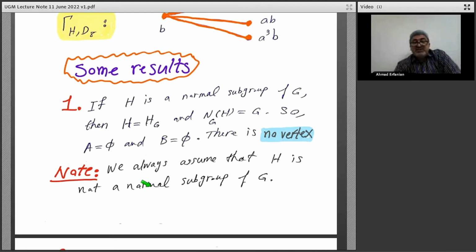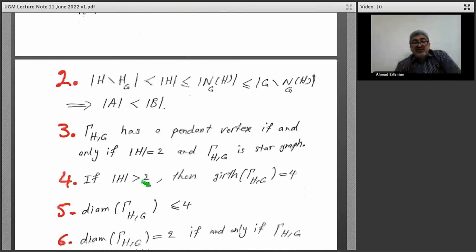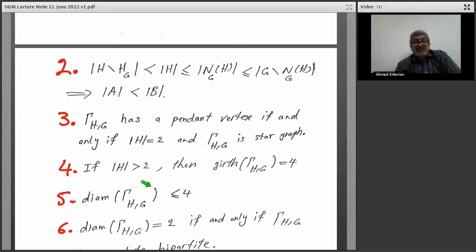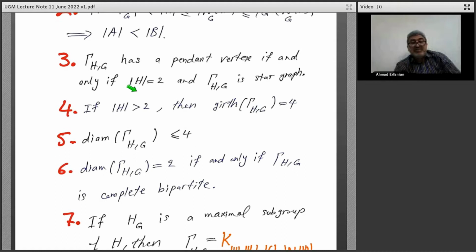By this reason, in non-normal graph, we always assume that H is not a normal subgroup. If we compare the size of part A and part B, you can see that the size of part A is less than the size of part B.